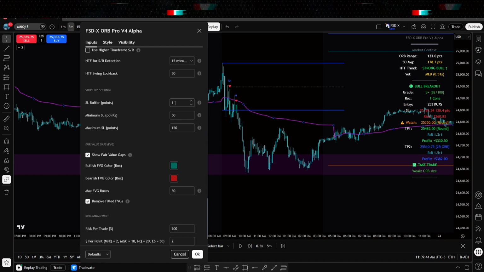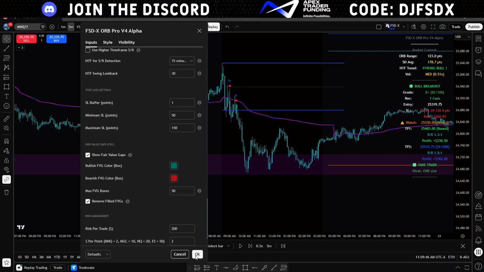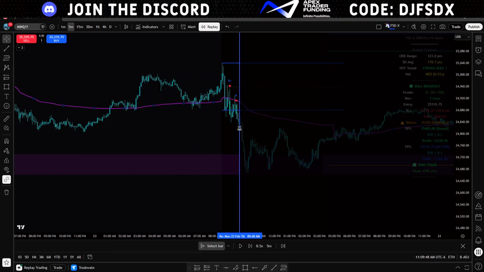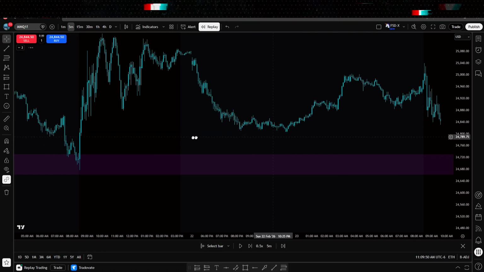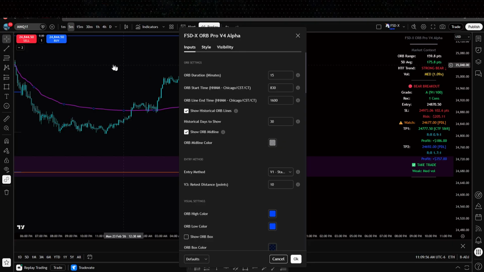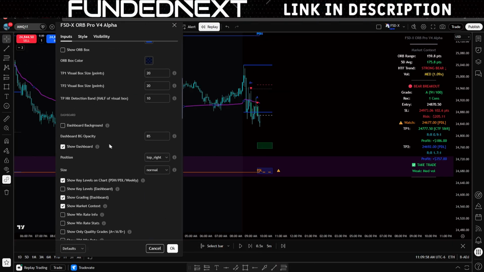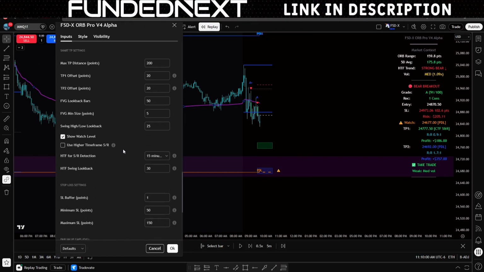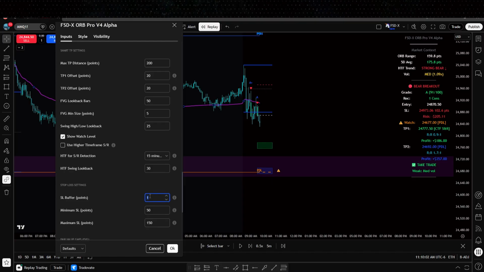So if you have the offset set to say 20, it'll push it 20 points back. Setting it to 1 just basically puts it where it should be.